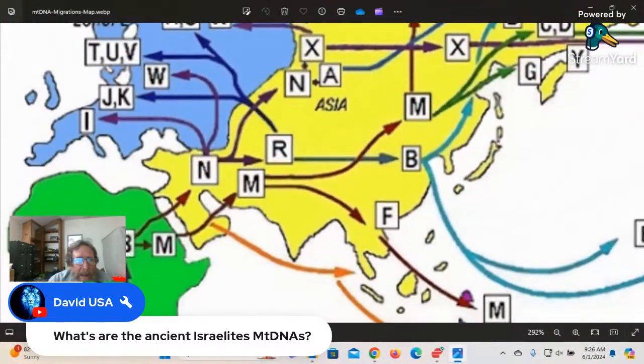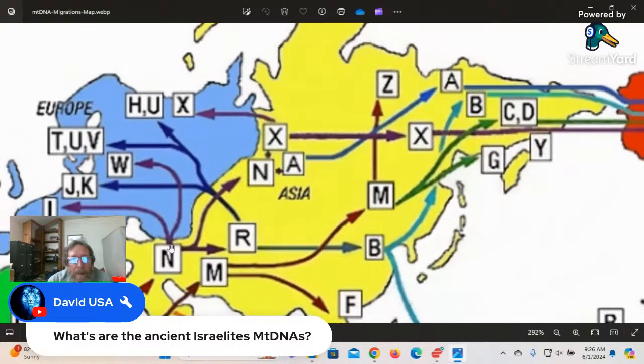So you have the L, the M, and the N, or the major lineages. Then the N splits up between the R, which goes into Europe, and the NA and X. And the A goes to America, which is the Semitic lineage, but then the X is part of this lineage, goes into Europe.